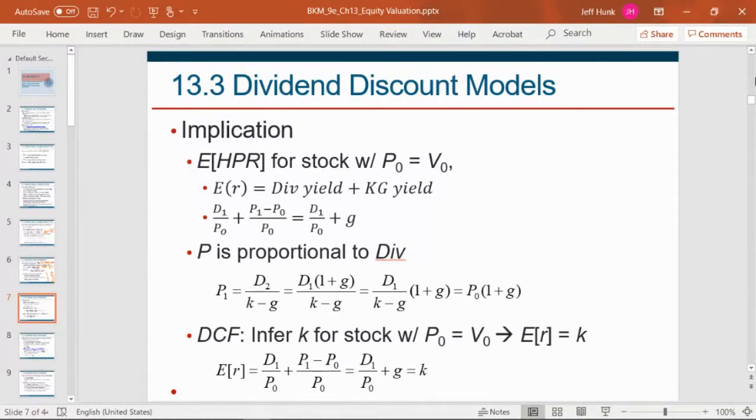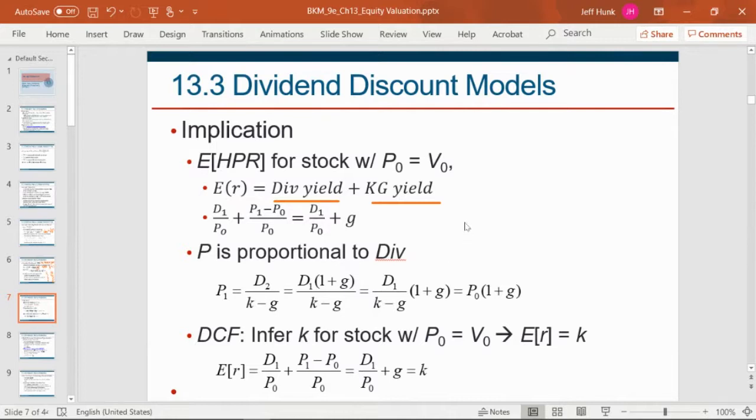The implication of the dividend discount model in general is that expected return consists of dividend yield and capital gains yield. What is dividend yield?